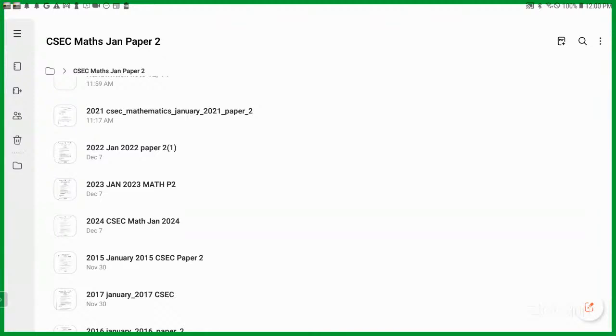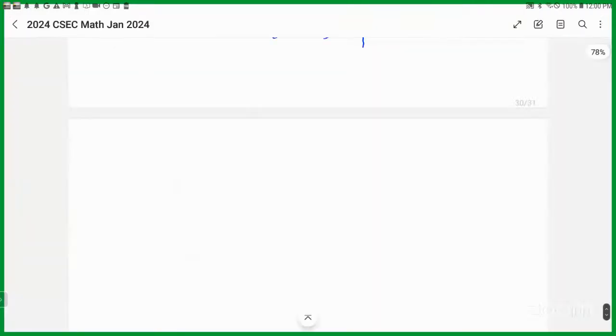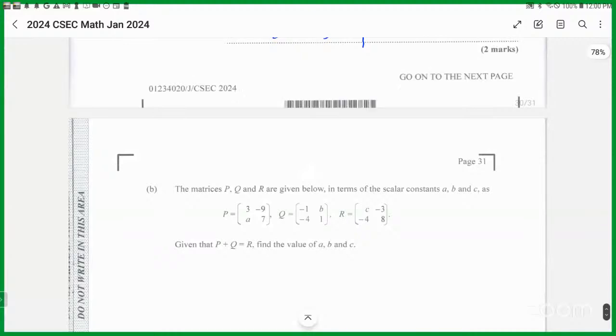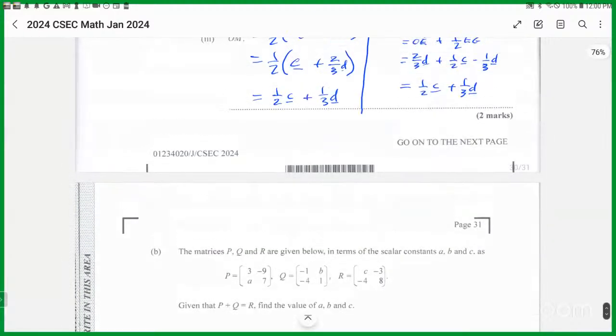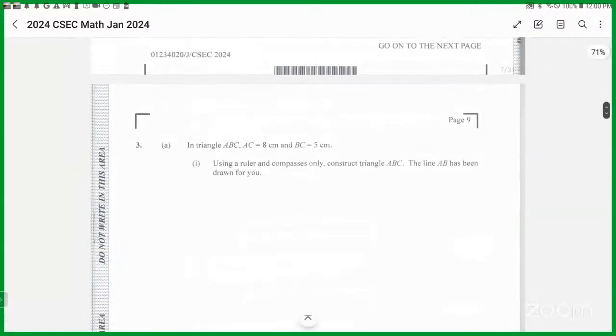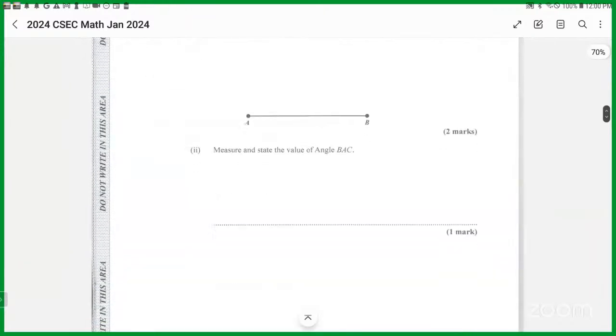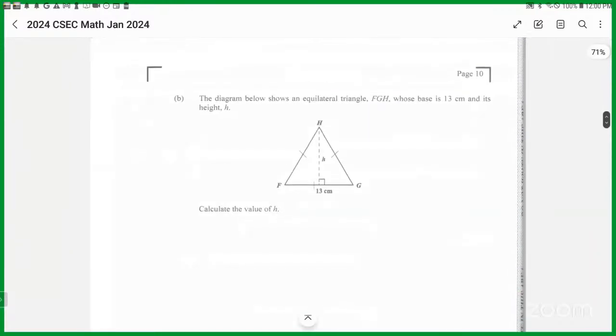So I gave you about 6 questions. I gave you January 2024. All right, let's find that one. Here it is, January 2024. What question 3? That's where the simple trig questions usually come. So it's question 3A, must be 3B, this one.